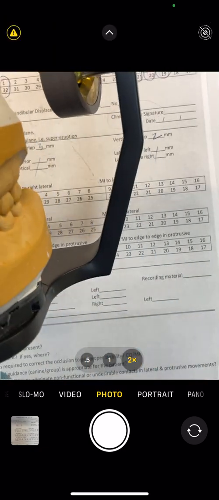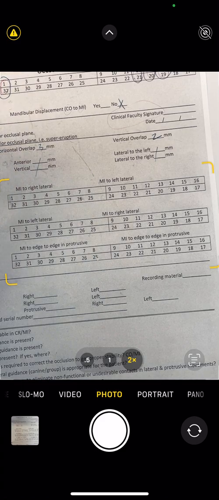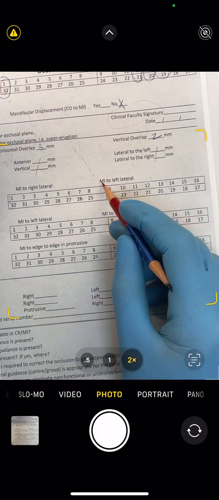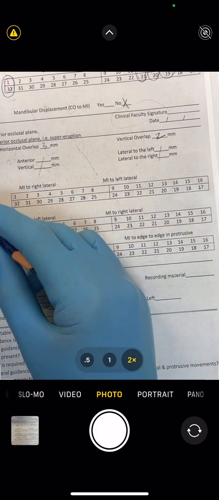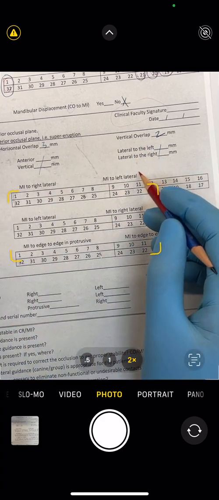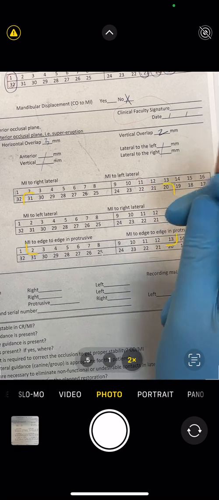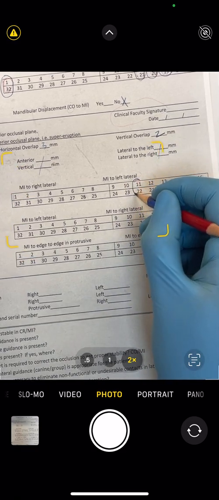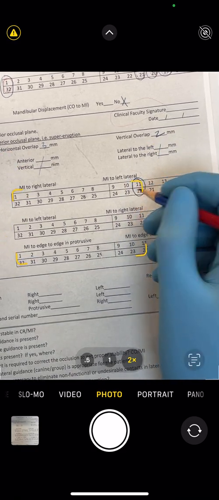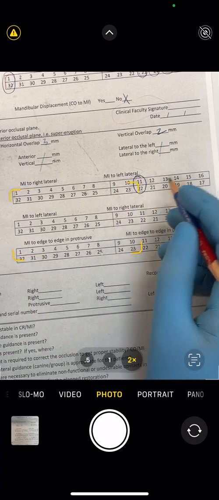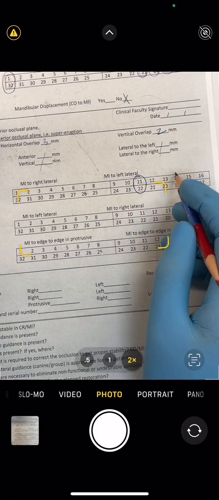So we go back to the paper, and working contact on the left lateral will be 11. We're going to use blue because it's articulator. 11 to 22. There are no contacts on any of the other teeth here.